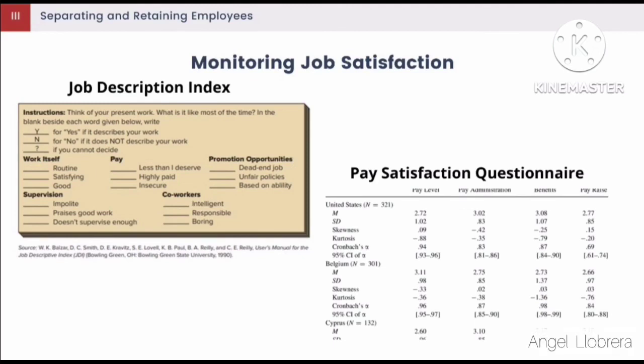The other one is the Pay Satisfaction Questionnaire. It focuses on specific dimensions such as pay levels, benefits, pay structures, and pay raises. Thus, this measure gives a more detailed view of exactly what aspects of pay are most satisfying.